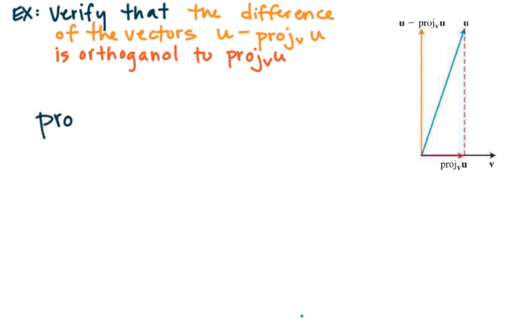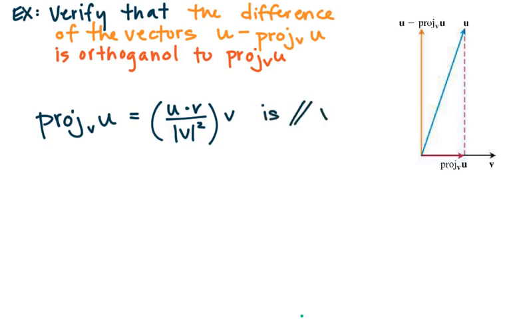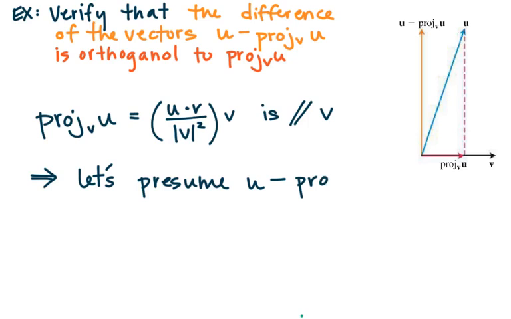So we'll say the projection of u onto v, which we know is given by u dot v over the magnitude of v squared times the vector v, we know that's going to be parallel to v. At this point then, we can presume that u minus the projection of u onto v is orthogonal.